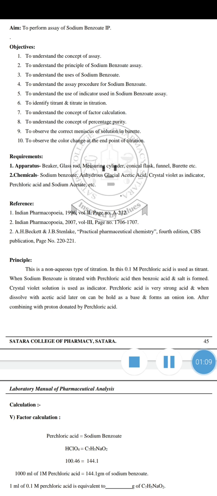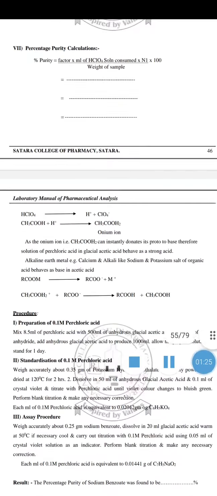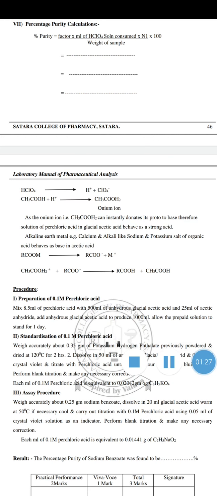Perchloric acid is a very strong acid, and when dissolved in acetic acid, the acetic acid can act as a base and form an onium ion, CH3COOH2+, after combining with the proton donated by perchloric acid. Then, as the onium ion, it can instantly donate its proton to a base.